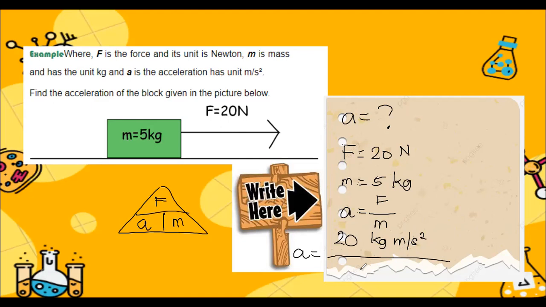And for our mass, we have 5 kilograms. So you need to cancel out the same unit. We have 20 divided by 5, that is 4. So our acceleration is 4 meters per second squared. This is our answer for our second problem.